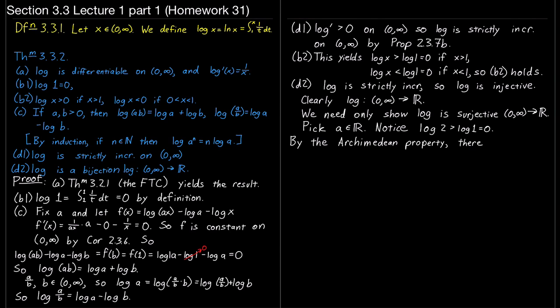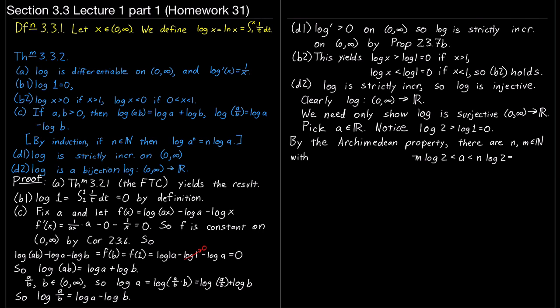there are integers n and m, some natural numbers, with a being between negative m times the logarithm of 2 and n times the logarithm of 2.